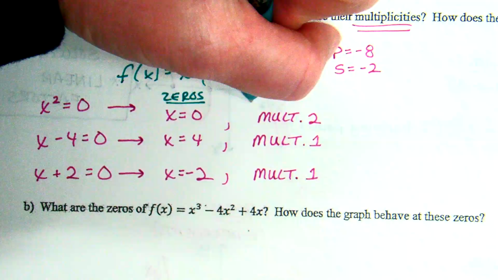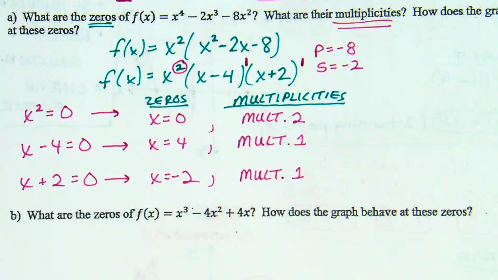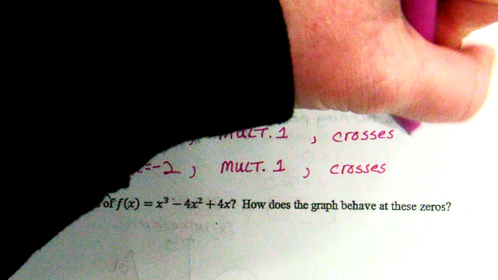We have one other thing. It wants to know zeros, multiplicities, and how does the graph behave? Meaning, does it cross through the x-axis or does it touch the x-axis? When it's odd, it's going to cross the x-axis. So these bottom two are going to cross the x-axis. What about the one that has a multiplicity of 2?